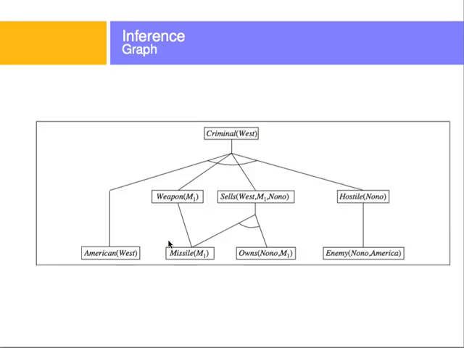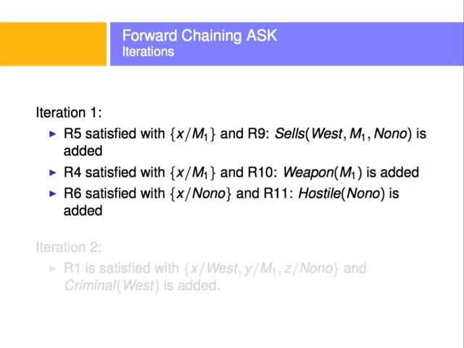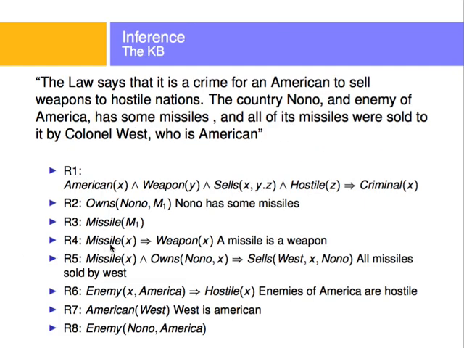One can represent this as an and/or tree. We've seen this before, so you can use search algorithms to resolve this. But let's do this. Here, we know that missile M1, this is one substitution, so we do unification here, right? And here.